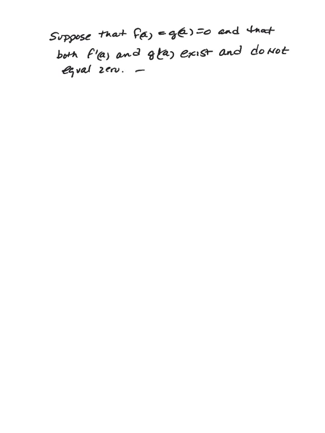Then the limit as x approaches a of f of x over g of x equals the limit as x approaches a of f prime of x over g prime of x. Okay, so we're going to prove this by working backwards.